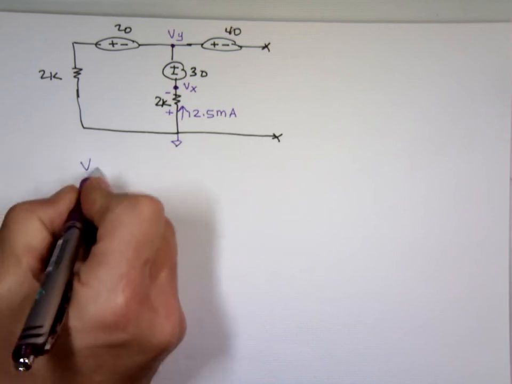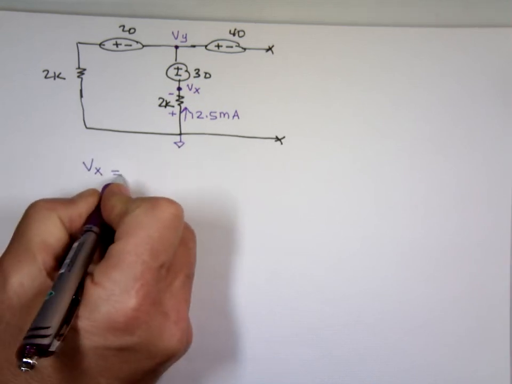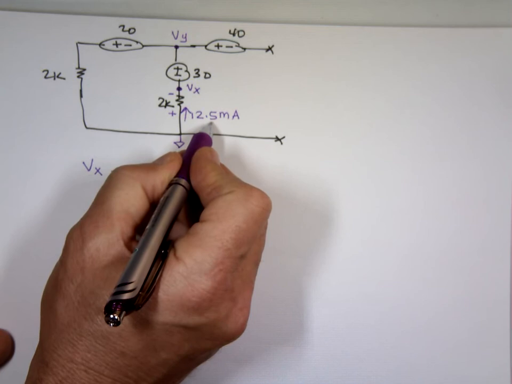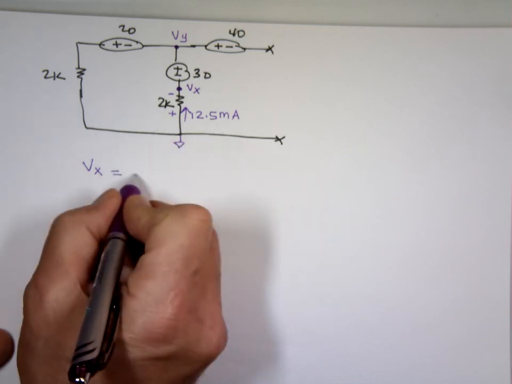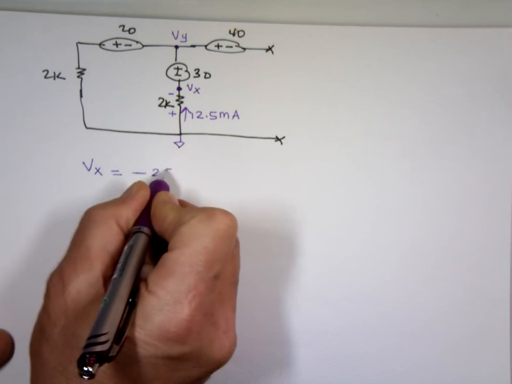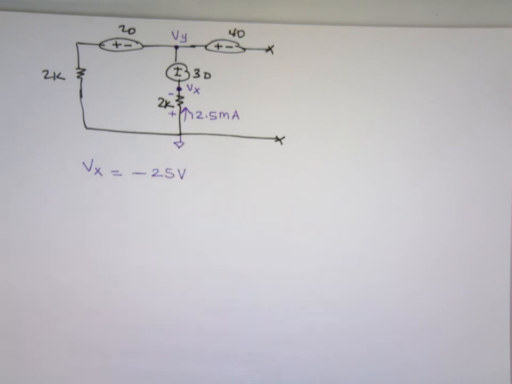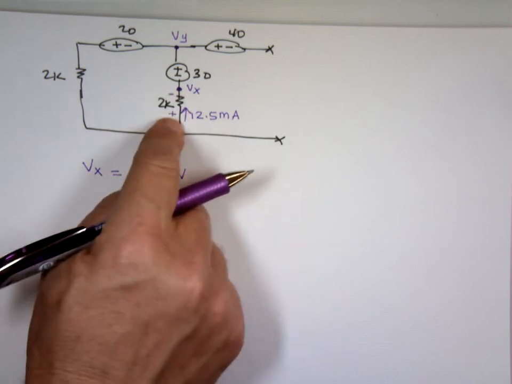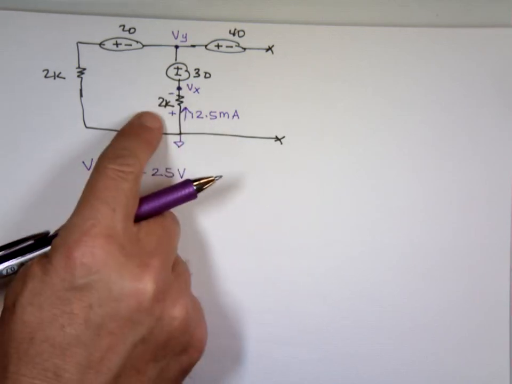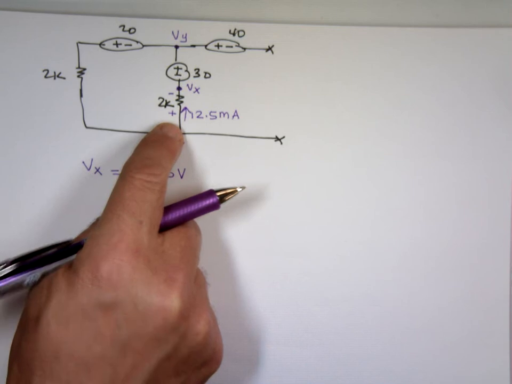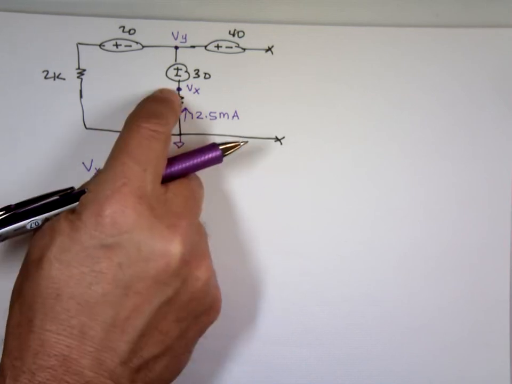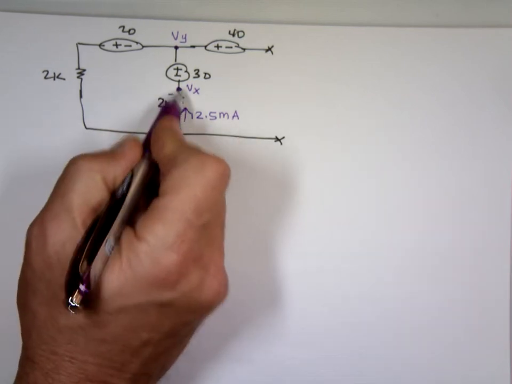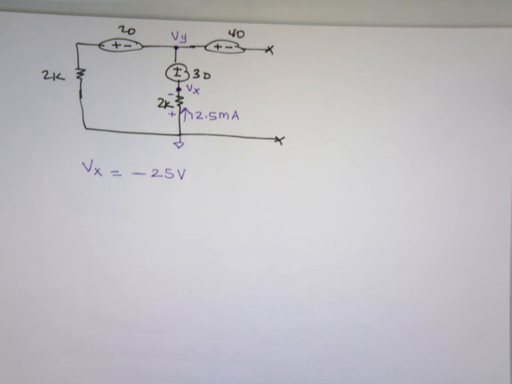So Vx is going to be 2 times 12.5, which is what? 25. Negative 25 volts. The voltage right here, plus to minus, is going to be 2 times 12.5, which is 25. Plus to minus. That means this end is going to be 25 volts lower than that end.